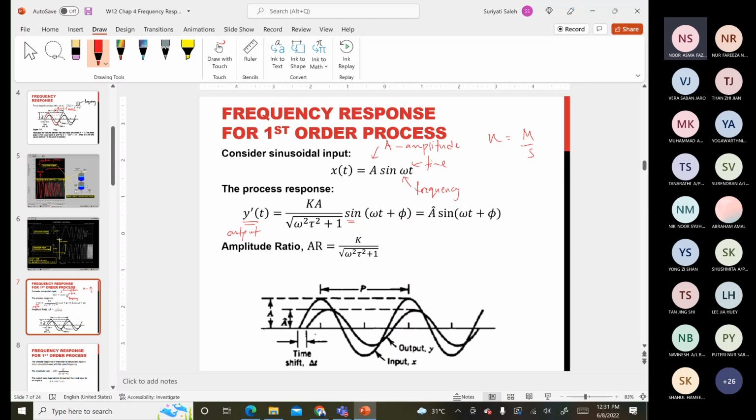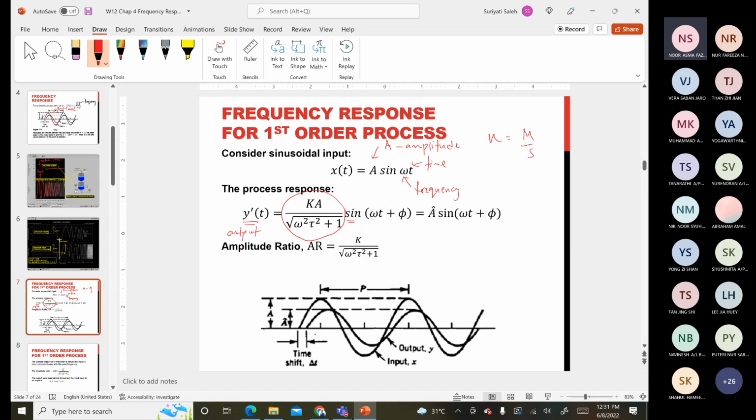So based on this, the important thing is Kα divided by the square root of ω²τ² plus 1, where this one represents the amplitude ratio for your case. The amplitude ratio means what is the peak, what is the height of the peak that can be obtained from the sinus form of the input.